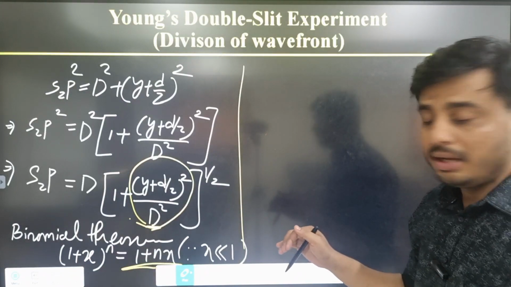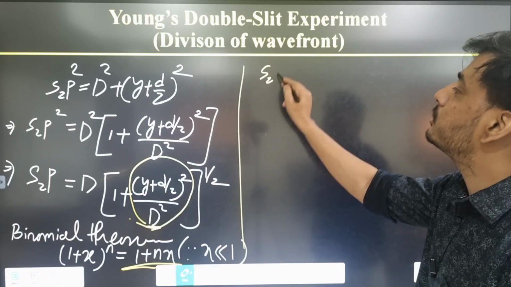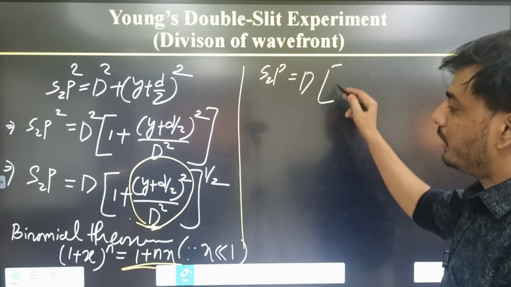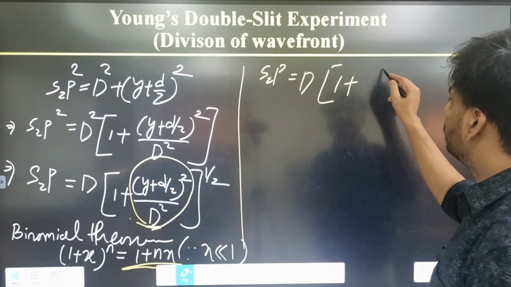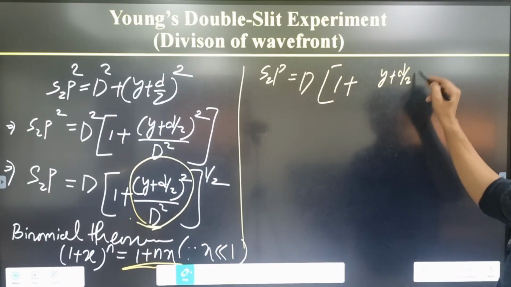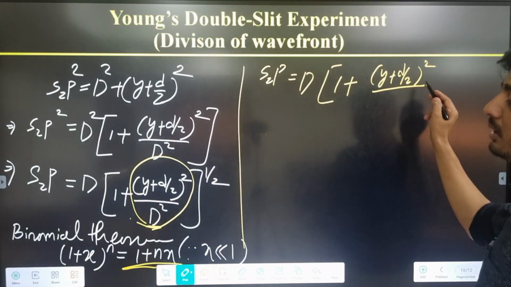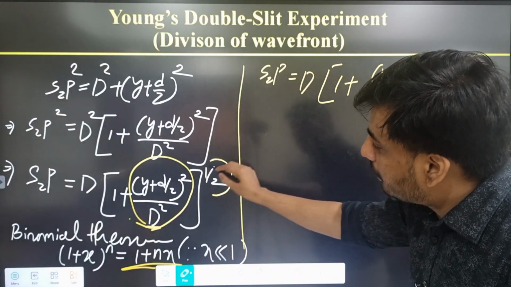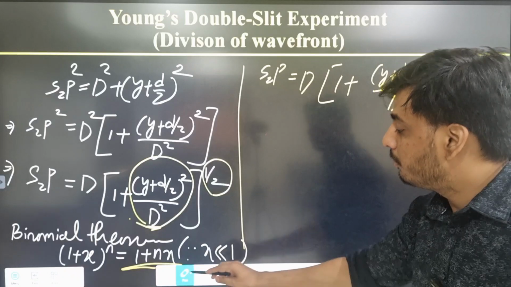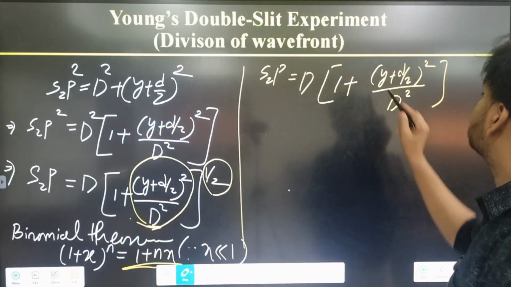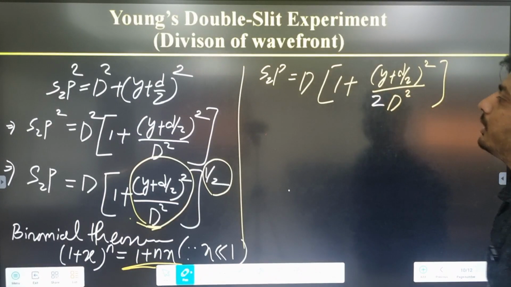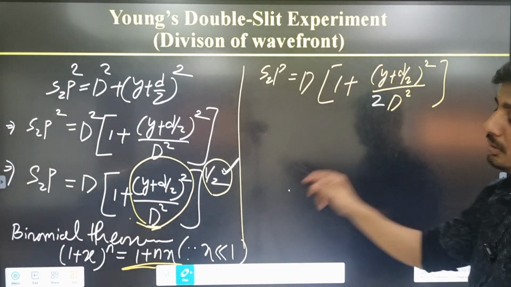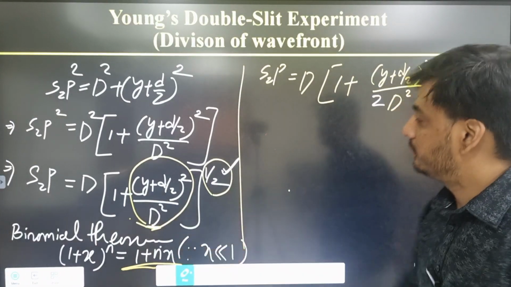See here, if we use that formula, S2P will be capital D times the bracket 1 plus (Y plus D by 2) whole square divided by D square, and we multiply the power 1 by 2 with the second term, because of 1 plus nx. So this will be like this, with 1 by 2, or directly 2 in the denominator.